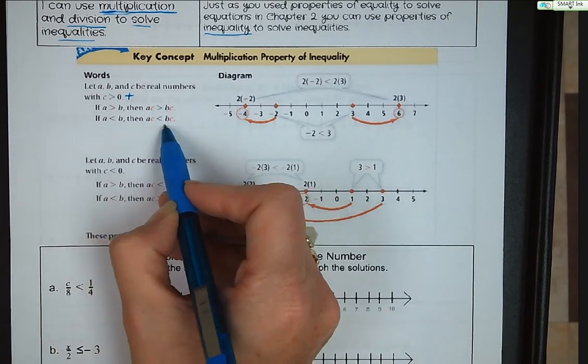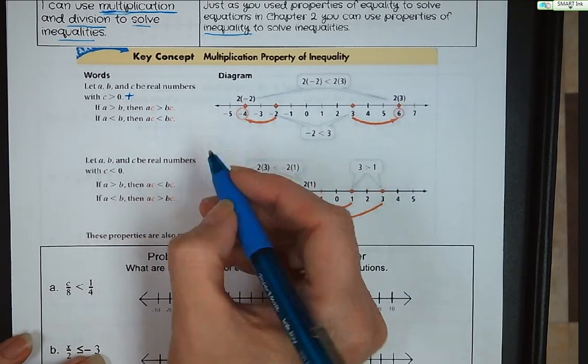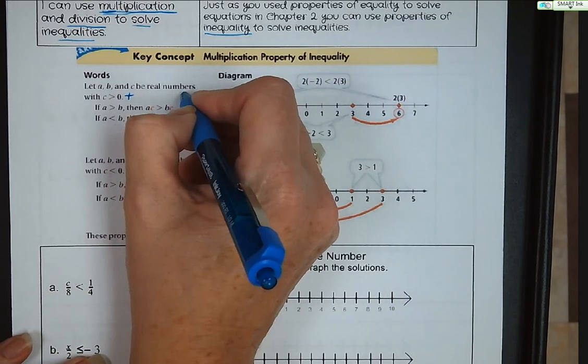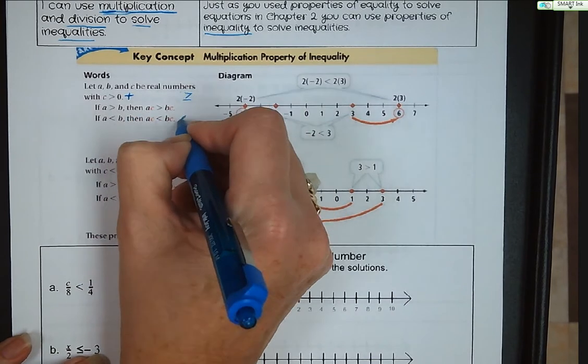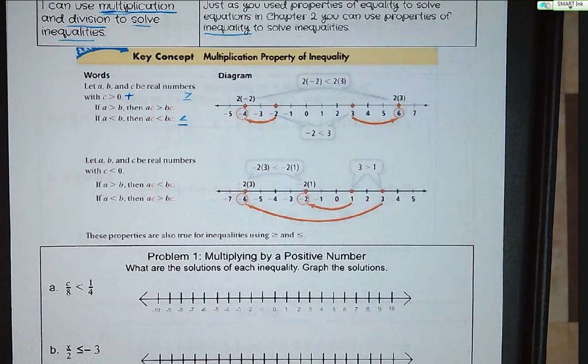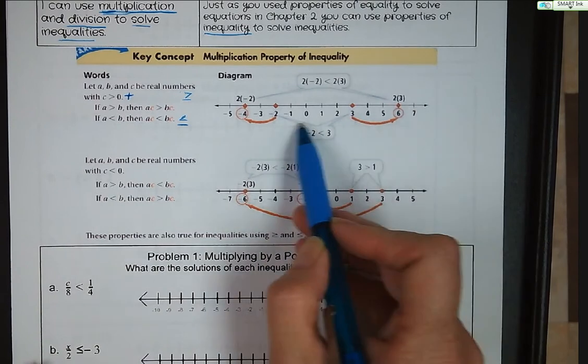And these are both true for inequalities that include equal to as well, so if it's less than or equal to or greater than or equal to. We can see it in that relationship. They are just going to be getting further apart on the number line, so the relationship will still hold true.